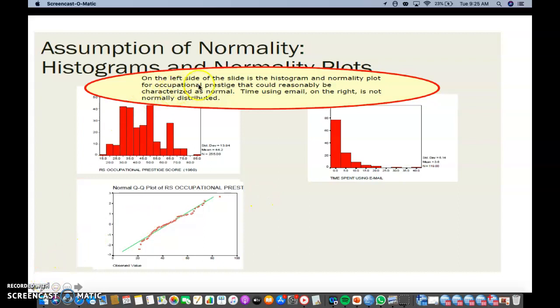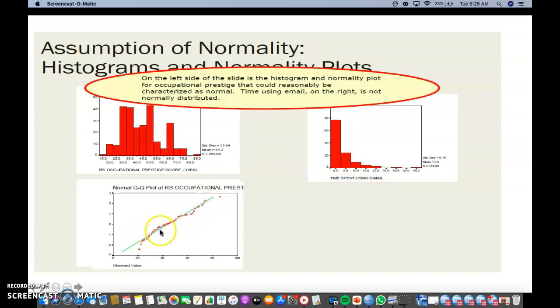Please take note of the differences between the histogram on the left-hand side and the one on the right-hand side. The left is the histogram and normality plot for occupational prestige, which could reasonably be characterized as normal because we can see a bell-shaped curve. But time using email on the right is not normally distributed because the data is skewed.